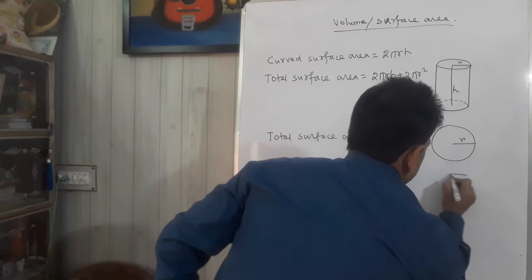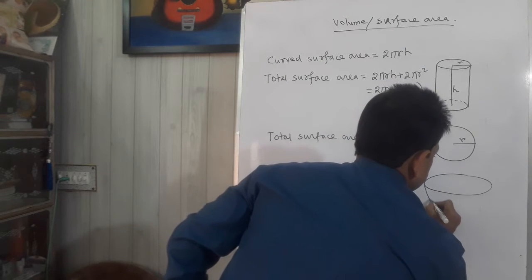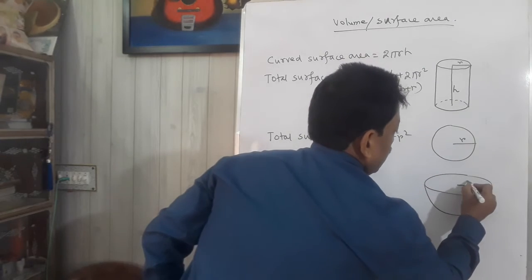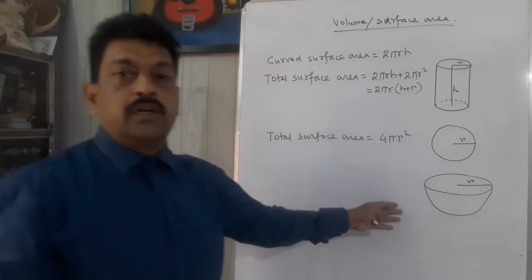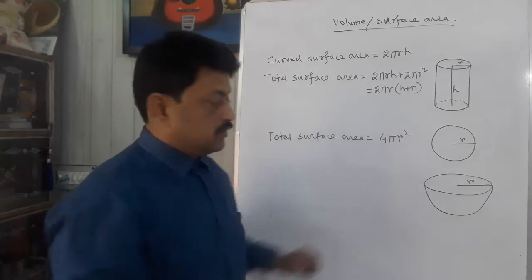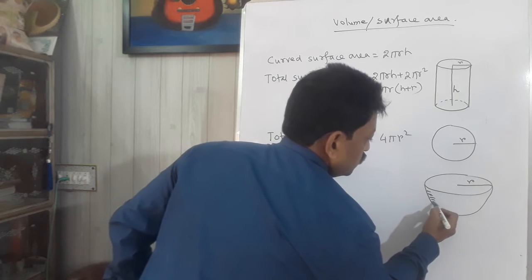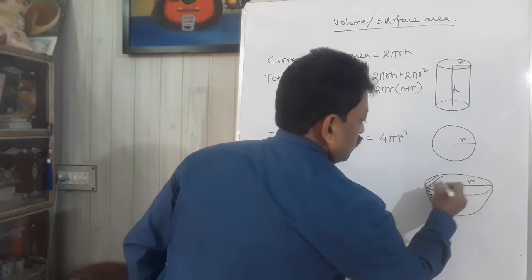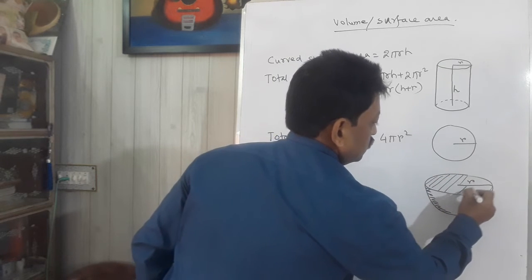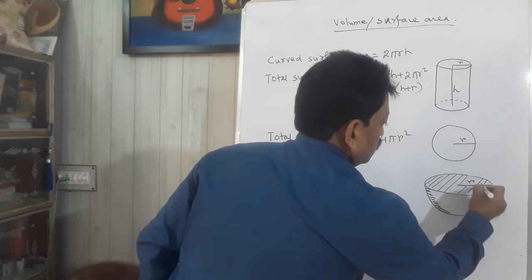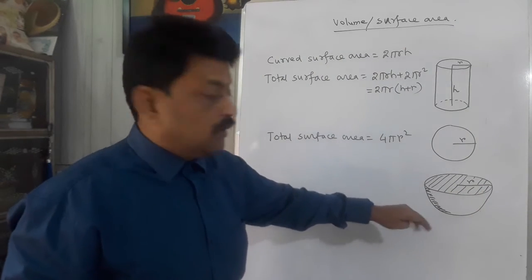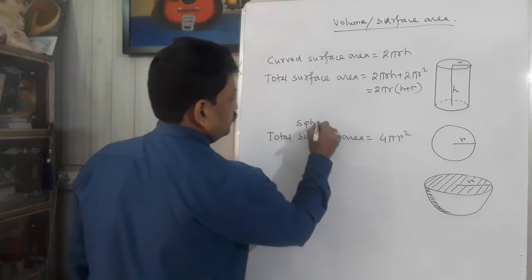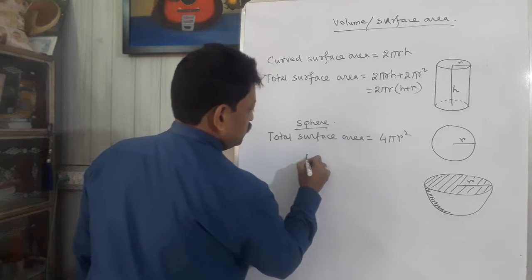Then hemisphere. Suppose r is the radius, so in a hemisphere, as you can see, there are two surfaces. One is the curved surface, this one, and the other one is the top flat circular surface. The top is a circle which is flat. So this is a sphere, and now is hemisphere.